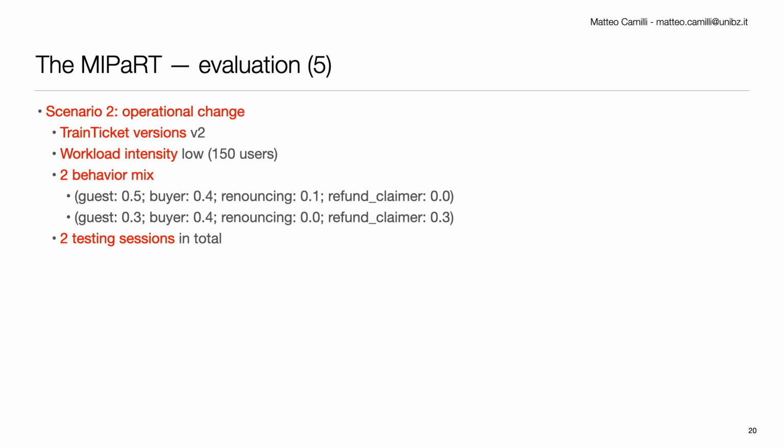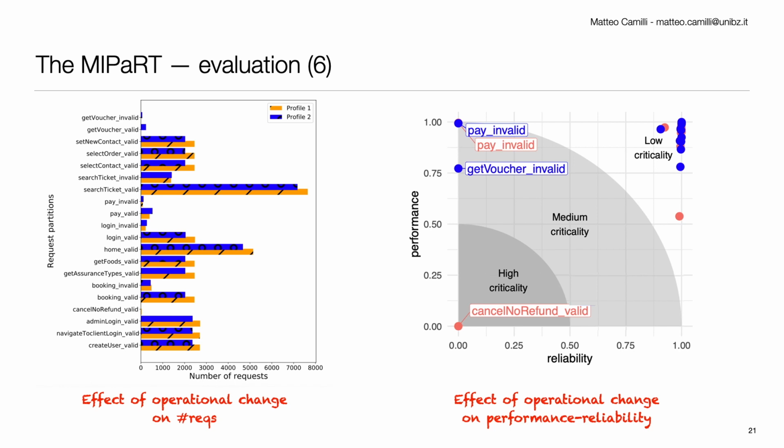We recreated the second scenario, the operational change, by testing the Train Ticket version V2, so the same version, under the following workload intensity, 150 users, and we consider two different behavior mixes, so two different categorical distributions associating different probability values to the different actors. In total, we executed 2 testing sessions, and here we can see a very high level summary of the outcomes we obtained.